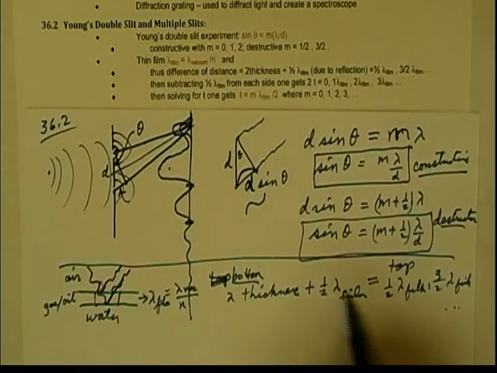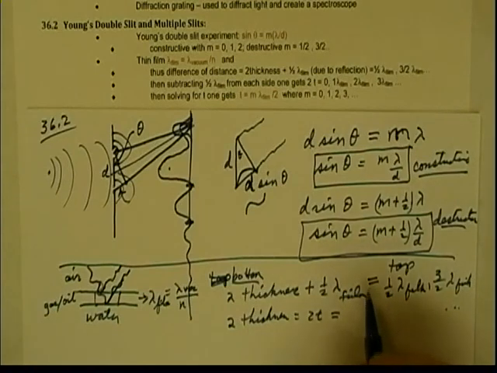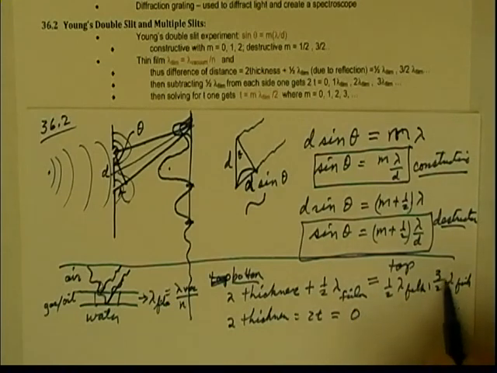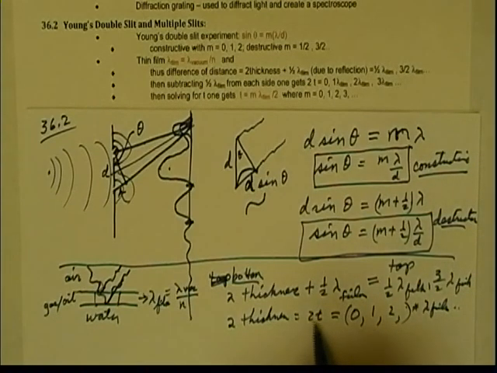Now, by subtracting 1/2 of lambda of the film from each side, we get twice the thickness, or 2t, and that 2t is going to be equal to, over here, 1/2 subtracted with this will give me 0. Here, 3/2 minus 1/2 gives me 1, 2, and so forth, times lambda of the film, or the thickness is going to be equal to 1/2 of those.